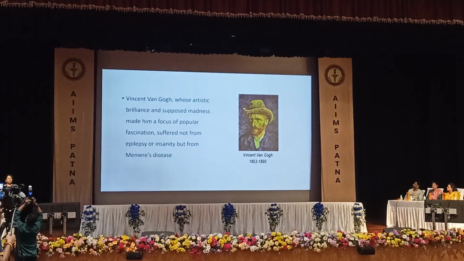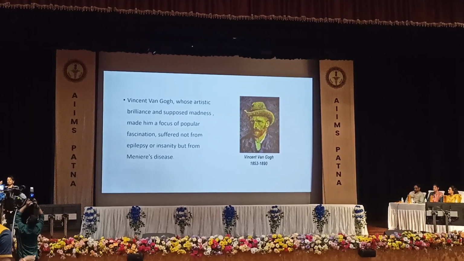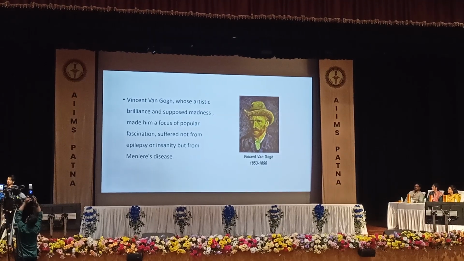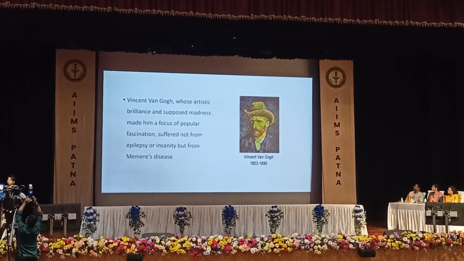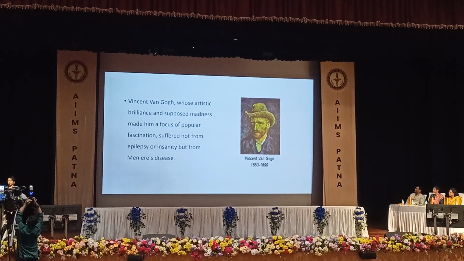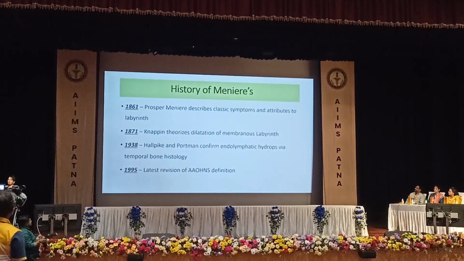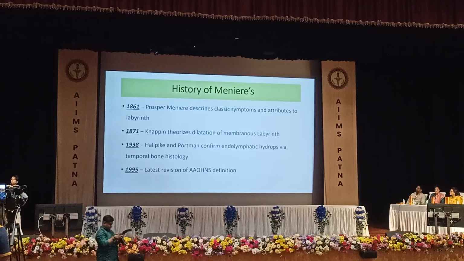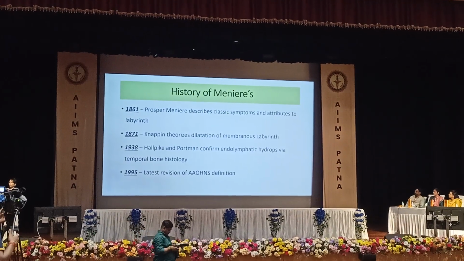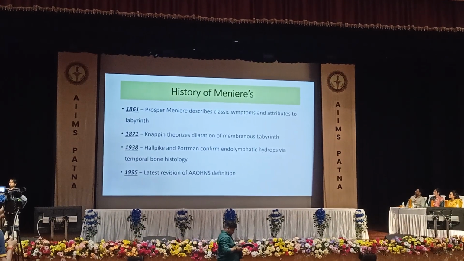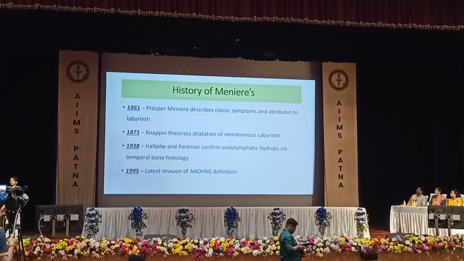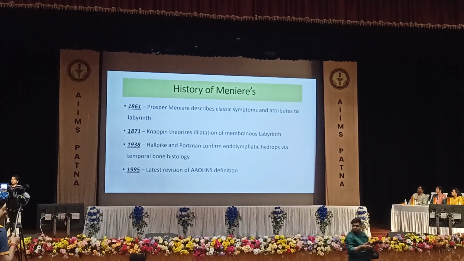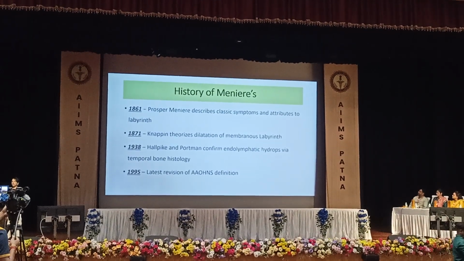So we all know the story of Vincent van Gogh, how he cut his ear, what happened to him. He had tinnitus, but essentially he was not insane, he was having Meniere's. Way back in 1861, Prosper Meniere was the one who described this whole triad of symptoms. Then in 1871, Knapp theorized dilation of the membranous labyrinth.